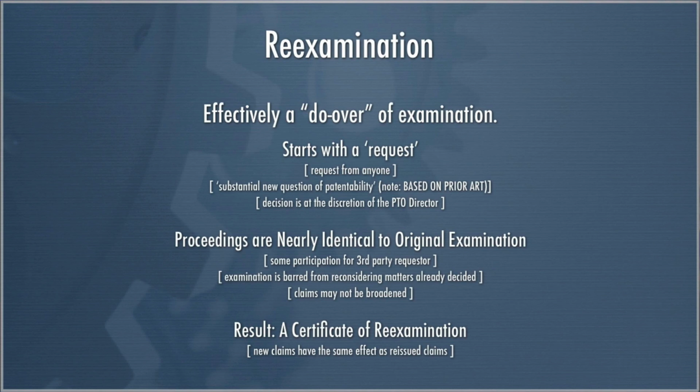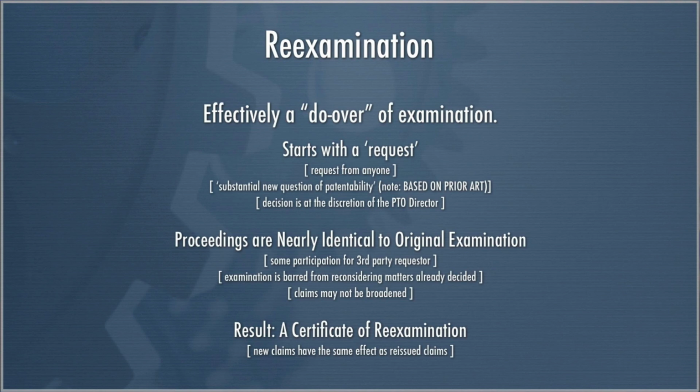Right. So basically, if you want a patent to be reexamined, you file a reexamination request with the director of the PTO, arguing and showing evidence that there is a substantial new question of patentability based on prior art.